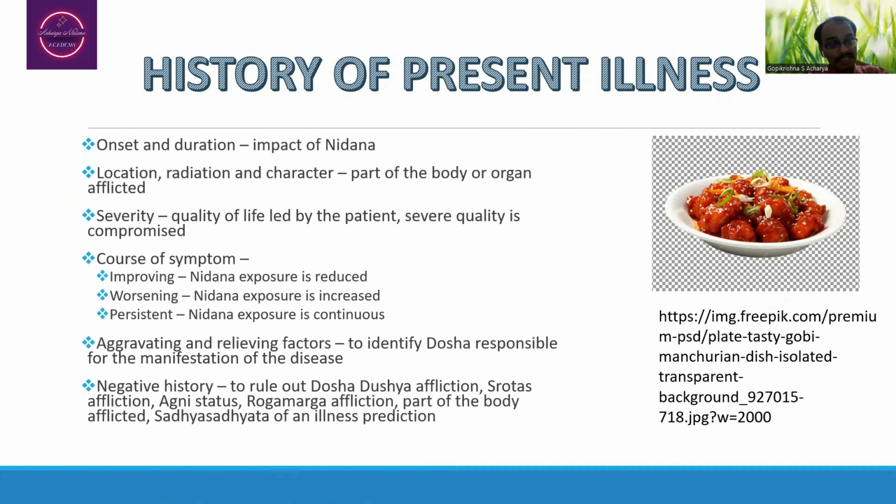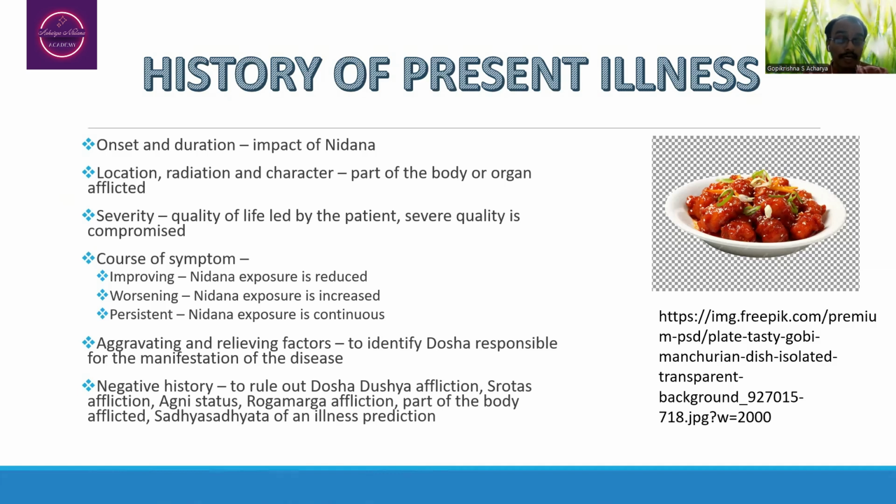If the person is not having pain, then the location, radiation and character of the discomfort are not recorded. Whereas the other aspects, severity, course of the symptom, aggravating and relieving factors, etc., plus negative history, should be documented in all the presenting complaints.